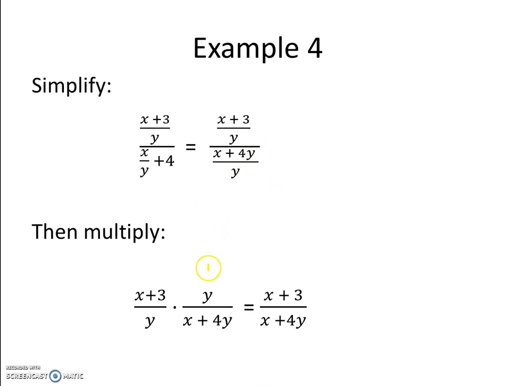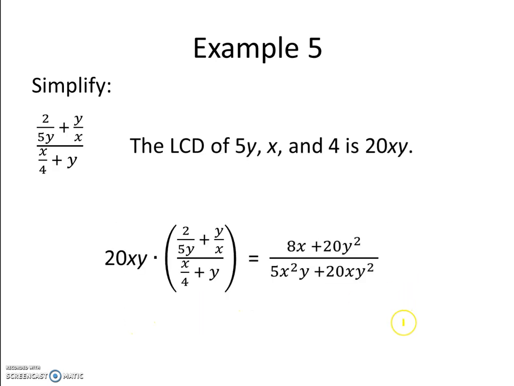Again, we do the same thing by flipping the denominator, and we find that we have x plus 3 divided by y times y over x plus 4y. The y's cancel quite nicely, and we end up with x plus 3 divided by x plus 4y. So that is our answer. We've simplified it to x plus 3 divided by x plus 4y.